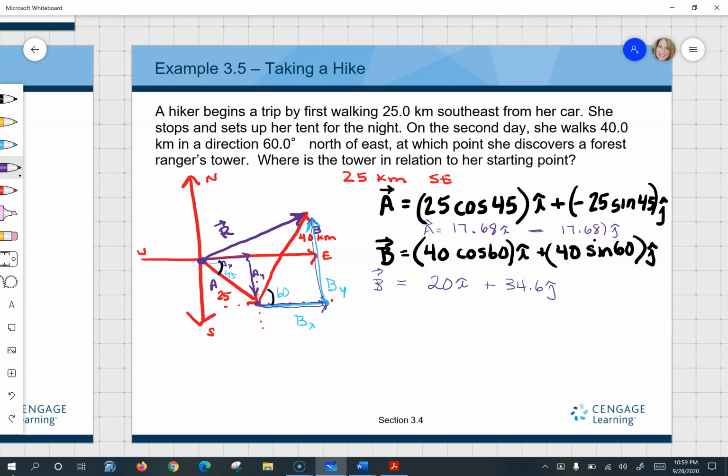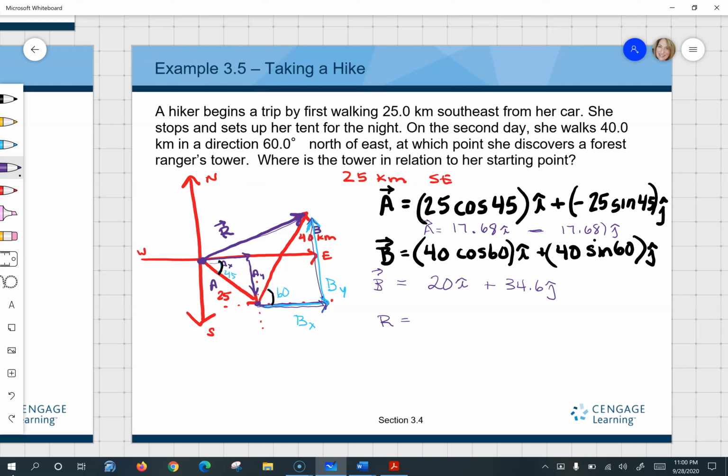Your resultant vector, the distance from her starting point to that tower: first you're going to have to add up all of your i's and all of your j's.